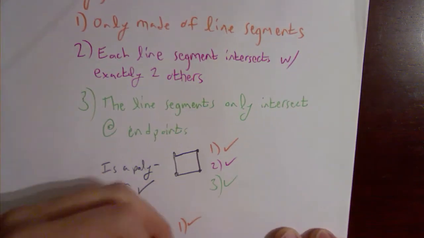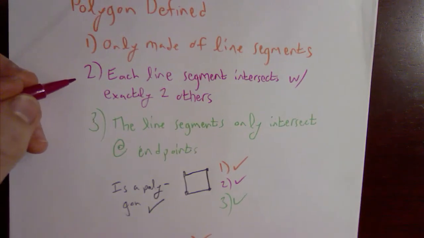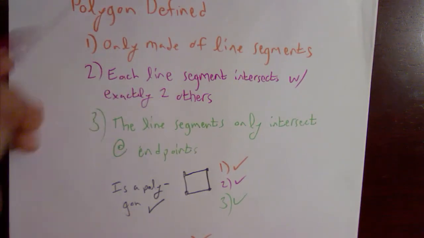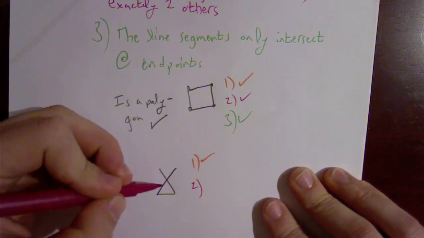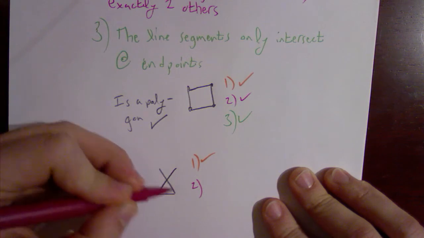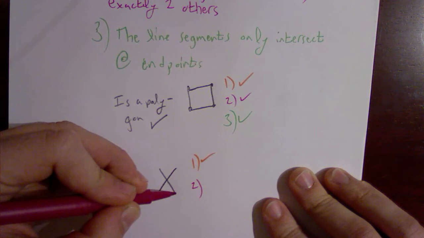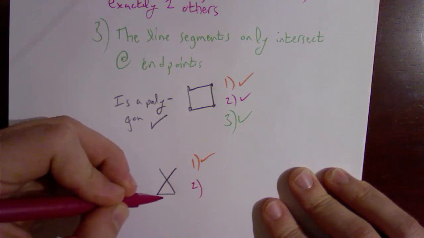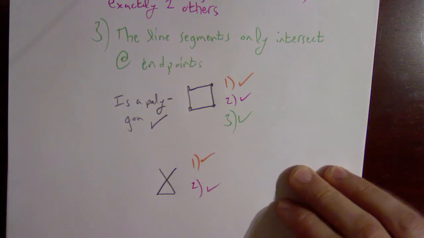For number 2, each line segment intersects with exactly 2 others. Well, let's see. This line segment here hits this line segment and hits that one, so that's 2. This line segment here hits this line segment and that line segment right over there, so that's 2. And the one on the bottom hits 1, 2. So it works out for the second one.